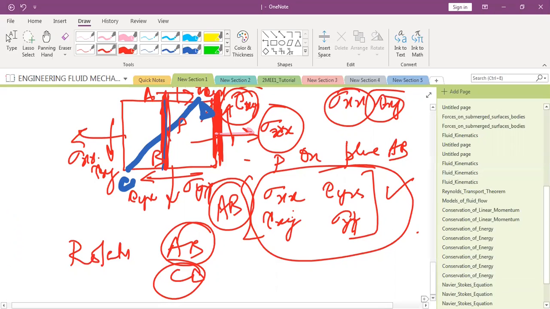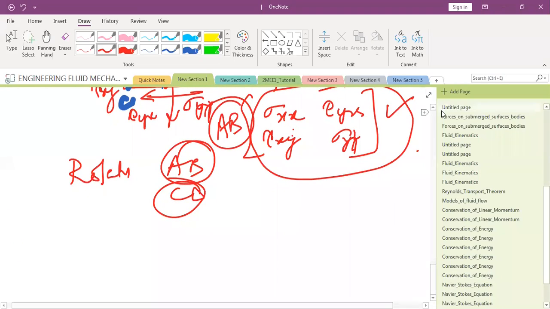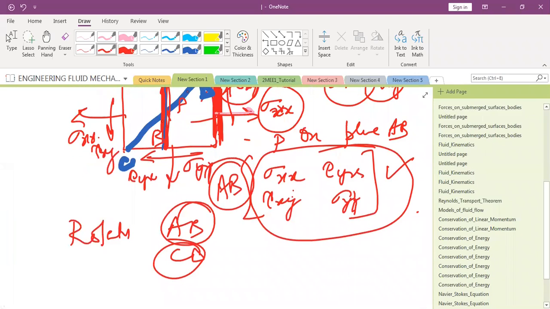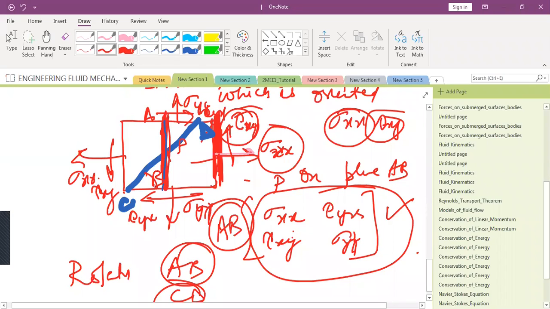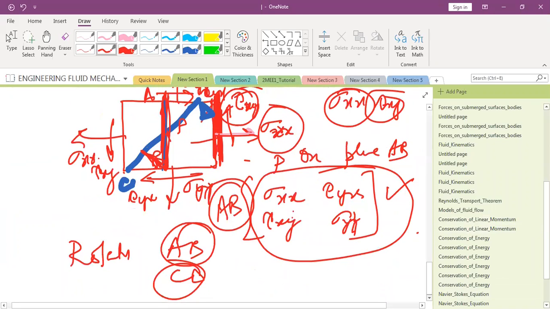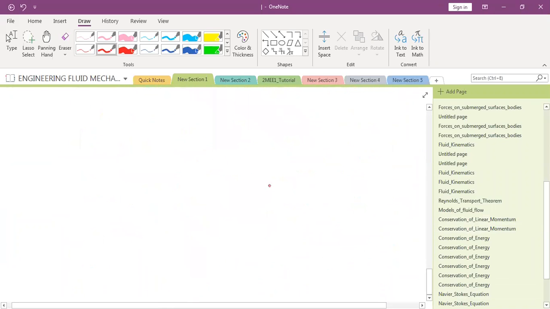So my next point is, if instead of this plane AB, I have a plane CD which is not vertical but at some inclination, what do you expect? So can I write down like this? I am now drawing it very carefully. You try to see.